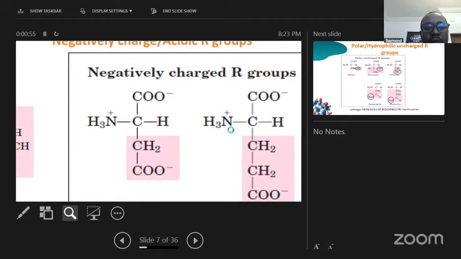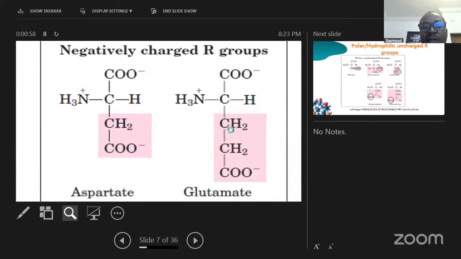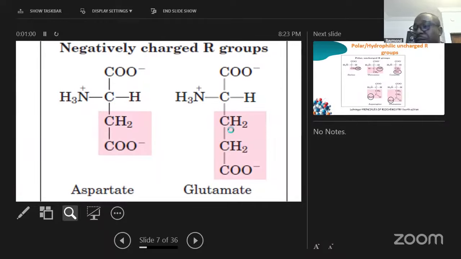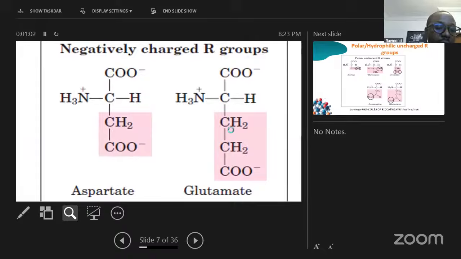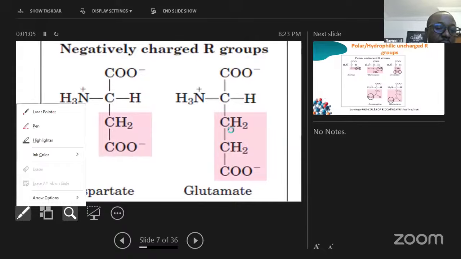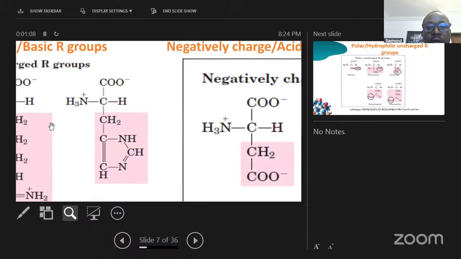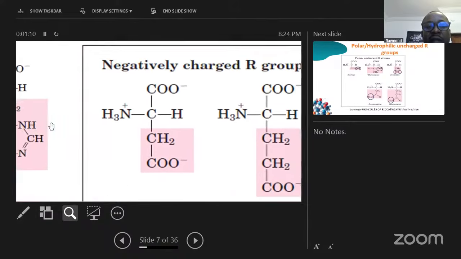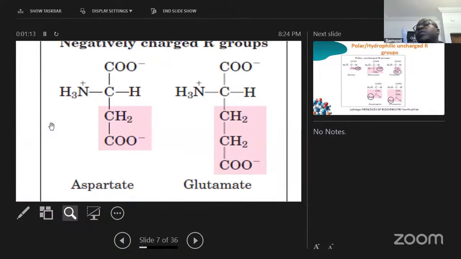Okay, so we have the amino acids that are negatively charged. These are negatively charged R groups. There are only two of them.